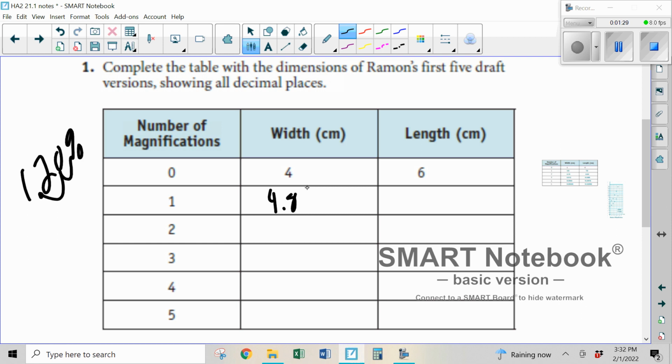Then I take that 4.8, that's going to get multiplied by 120%, or 1.2, to get 5.76. I'm going to do the same thing for the other part. If the length is 6, that's getting multiplied by 120%, or being multiplied by 1.2. Go ahead and pause the video and complete the rest of the table.